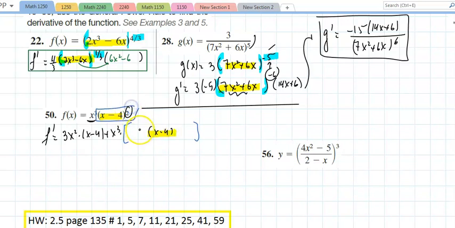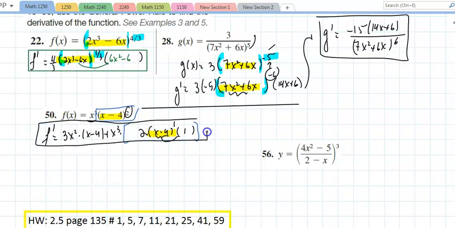Bring the power down, subtract 1 from the power, times the derivative of the inside, which is a 1. Now, on a test, this is all I want. When I say do not simplify, that's what I want. For the homework, you're going to say that is 3x squared times (x minus 4) plus 2x cubed times (x minus 4).